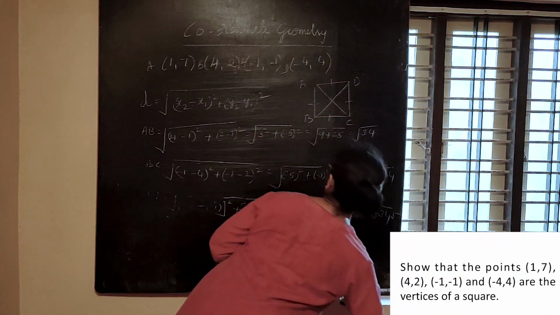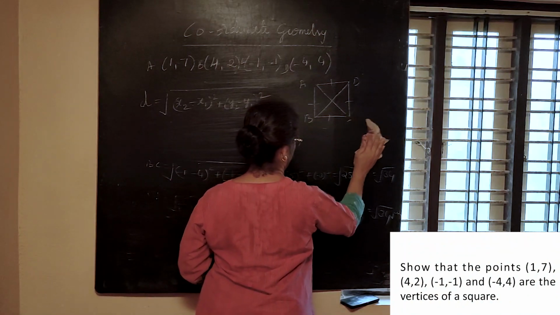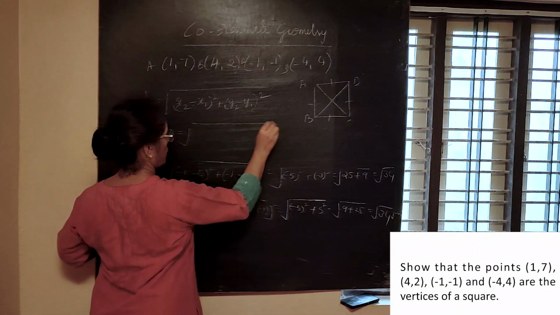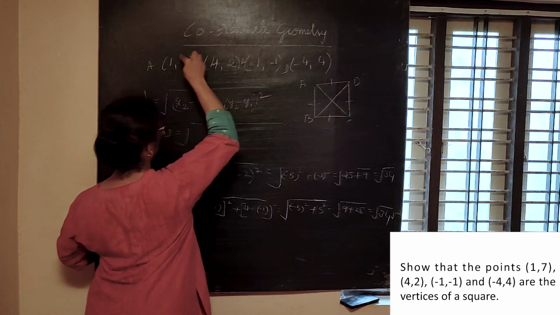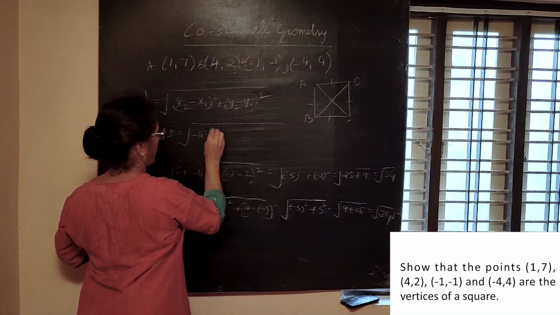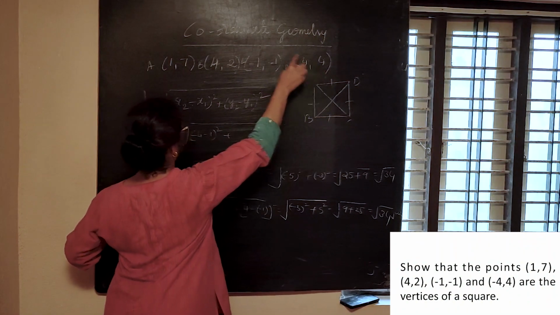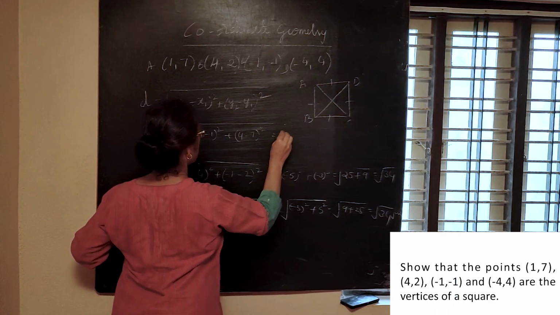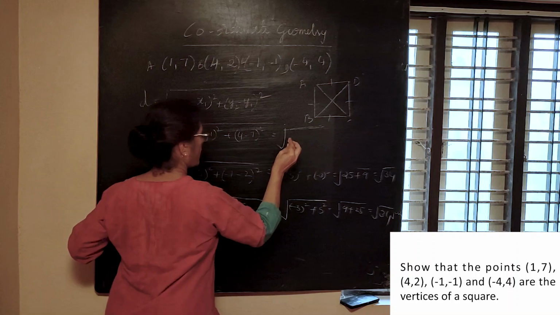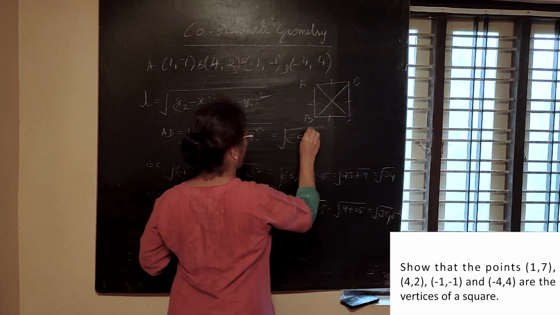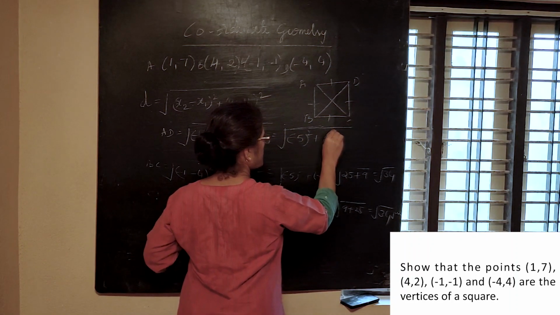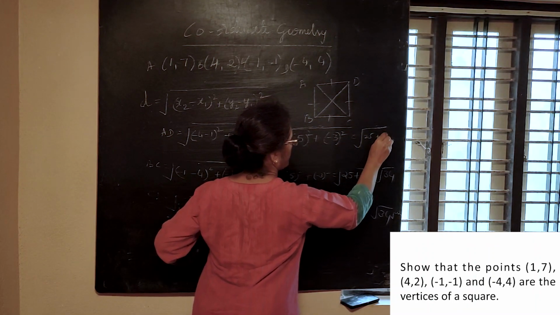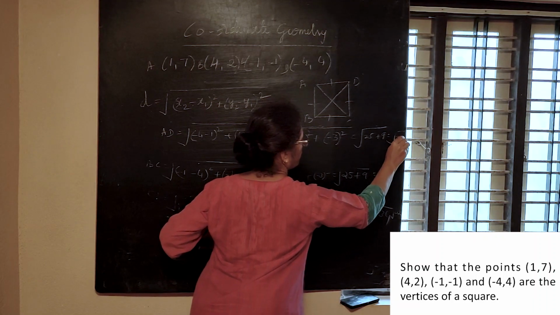And now AD. Let me check what is the length of AD. AD is equal to, these are the 2 points, minus 4 minus 1 the whole square plus 4 minus 7 the whole square, is equal to square root of minus 5 the whole square plus minus 3 the whole square, again square root of 25 plus 9 is equal to square root of 34.